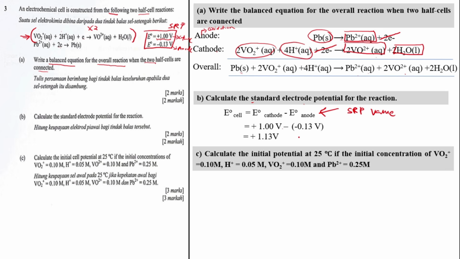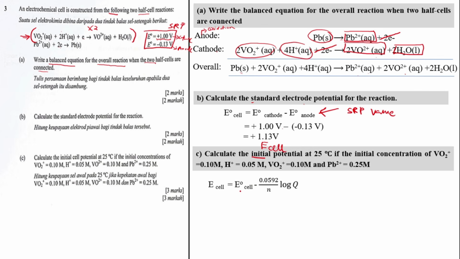Now for question number C, we need to calculate the initial potential at 25 degrees Celsius if the initial concentration of the VO2 plus is 0.1 molar, H plus is 0.05 molar, VO2 plus is equal to 0.1 molar, and the Pb2 plus is equal to 0.25 molar. So in order to find the initial potential, we need to use the formula of E cell.